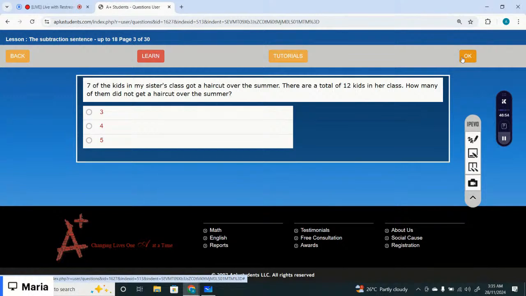That is 12 take away 7. The correct option is 5.